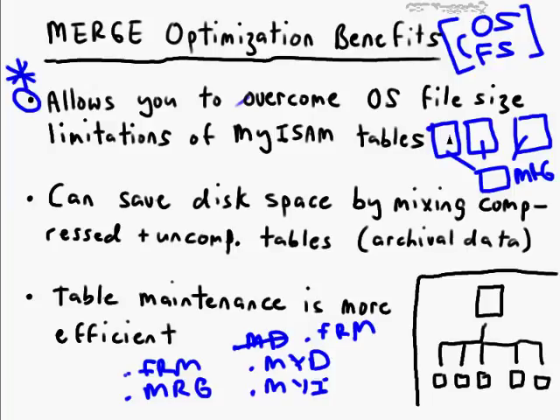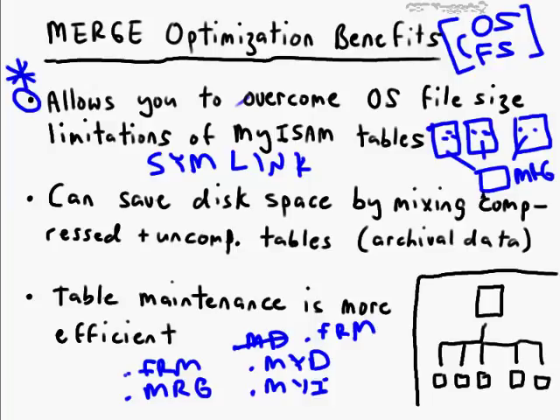Now, of course, there's the question, how are you going to get these separate MYD files taken care of? Well, there you'd have to do some extra work. You'd have to create what are called symbolic links or symlinks to tell MySQL where those separate MYD files are. Now, that process is beyond the scope of the exam objective, so we don't have to worry about it.